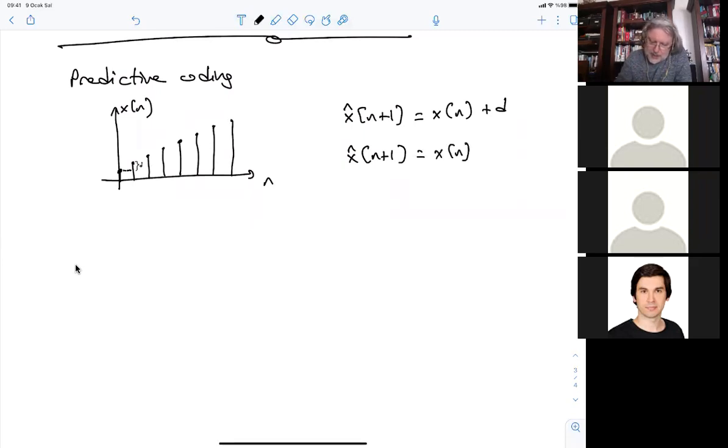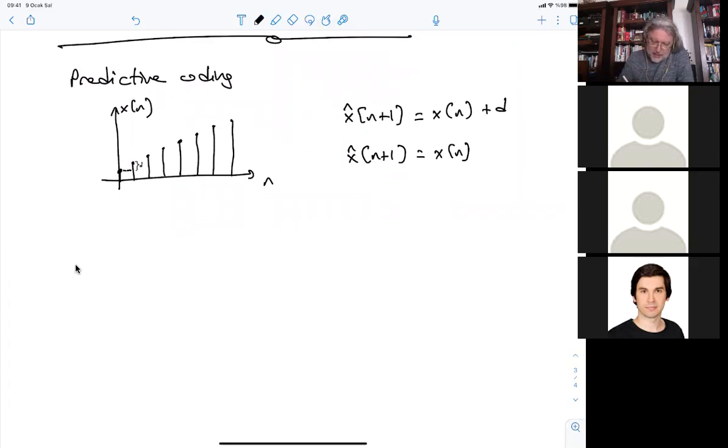So let's think of this one as our prediction, because making a prediction of x of n plus D is a little bit too smart for our purposes, let's say. So x hat of n plus 1, which is the prediction, is equal to x of n, the previous value.